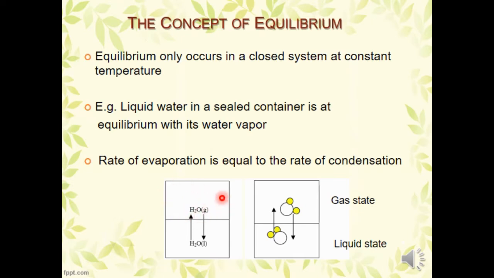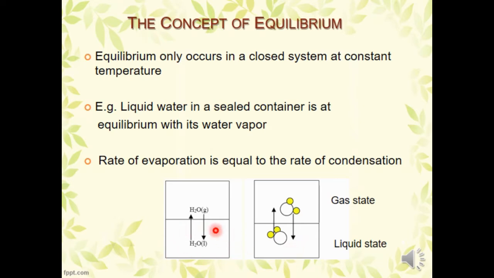For example, you have a vessel with water in liquid state and also in gas state. Make sure the temperature is constant, let's say it's at room temperature. So the rate of evaporation, where the liquid evaporates to form gas, will be equivalent to the rate of condensation, where the water molecules in the gas state condense back to liquid state.